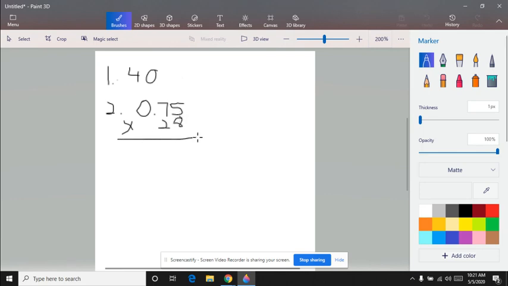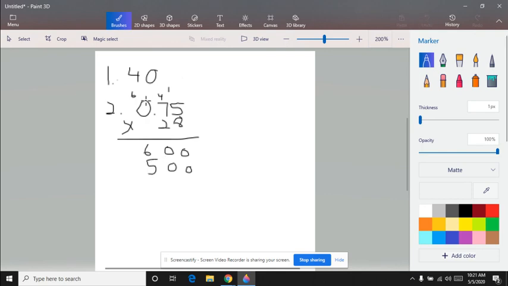So basically all you're doing is multiplying decimals again, which you already did. 5 times 8 is 40. Carry the 4. 7 times 8 is 56, plus 4 is 60. Carry the 6. 0 times 8 is 0, plus 6 is 6. Add my 0. 5 times 2 is 10. Carry the 1. 7 times 2 is 14, plus 1 is 15.